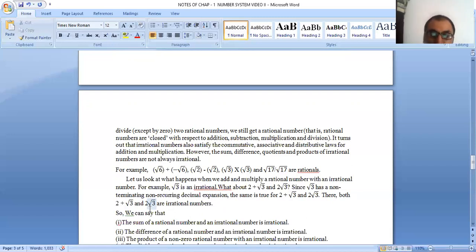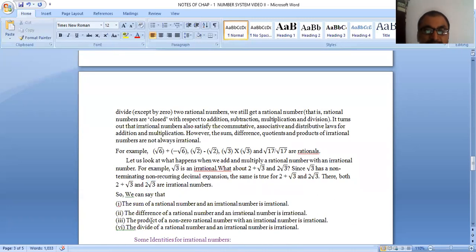When we find the sum of a rational number and an irrational number, we get an irrational number. Second, the difference of a rational number and an irrational number is also an irrational number.